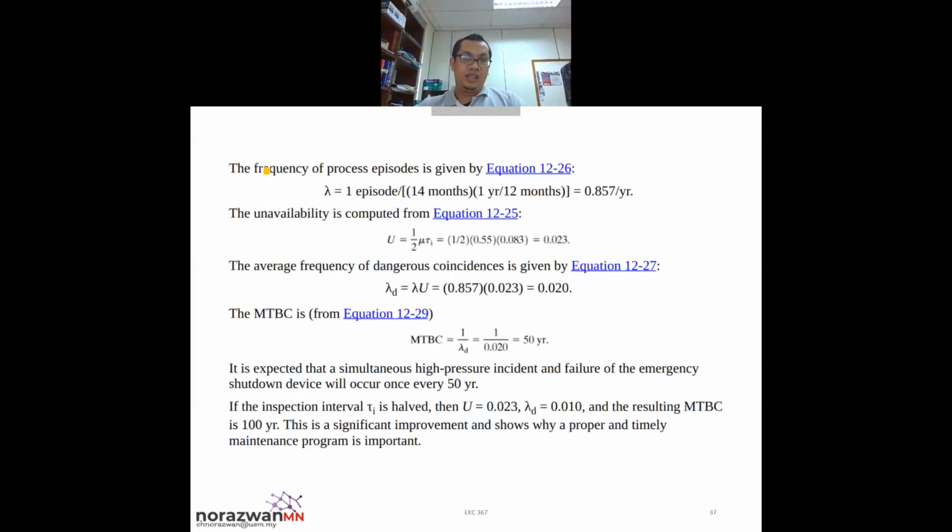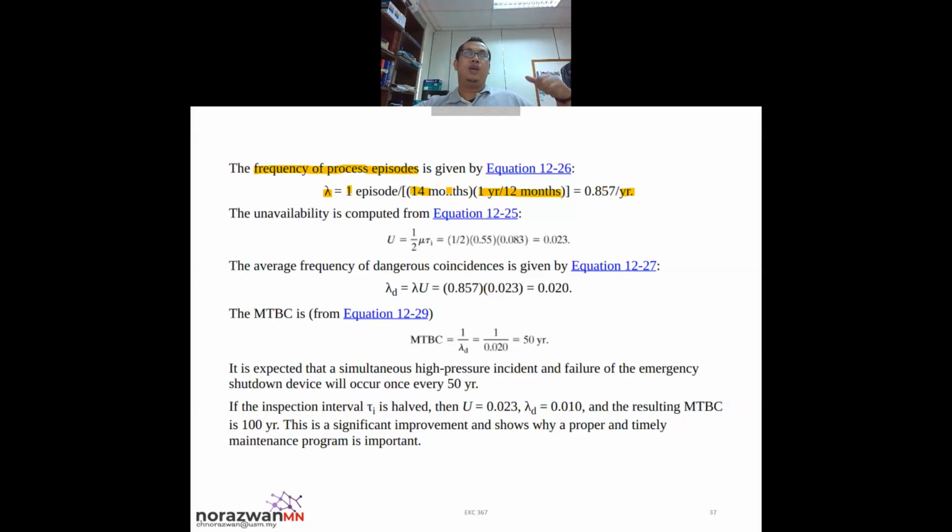So this is the frequency of the process episode. The failure lambda is equal to 1 failure over 14 months, so one episode or one failure per 14 months. This term is to convert month to year.